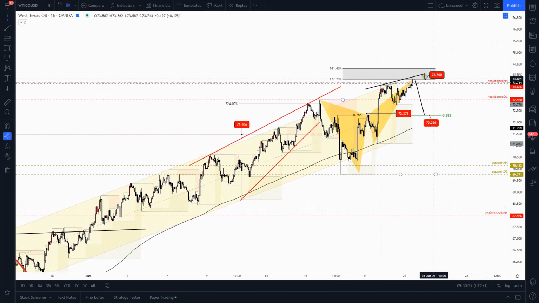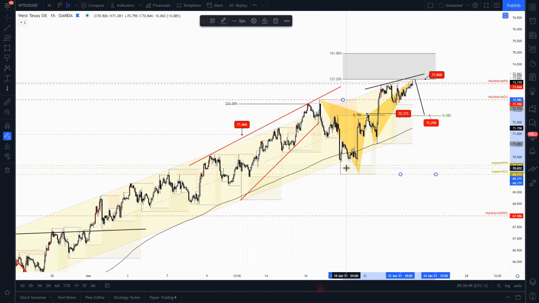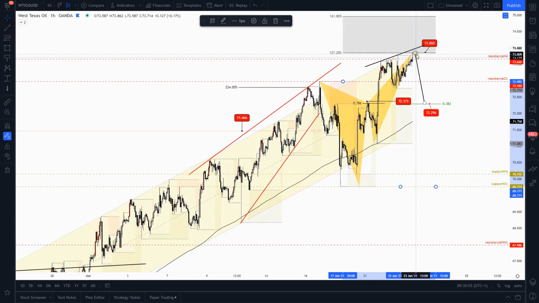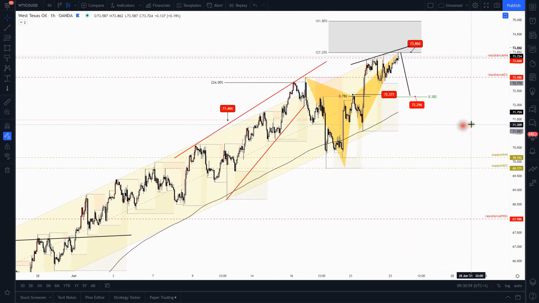But at this point, I'm paying attention to this potential bearish butterfly pattern. Of course, the golden Fibonacci extension may offer some pressure also, but based on the ratios that we have, I'm pointing to this bearish butterfly pattern for crude oil.